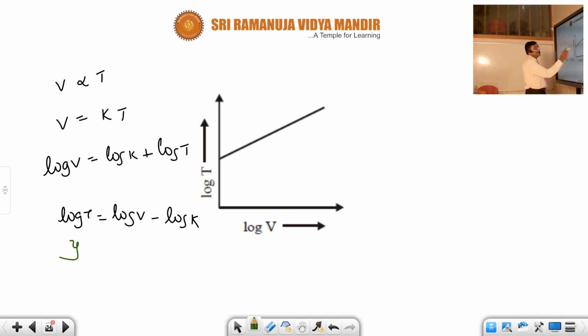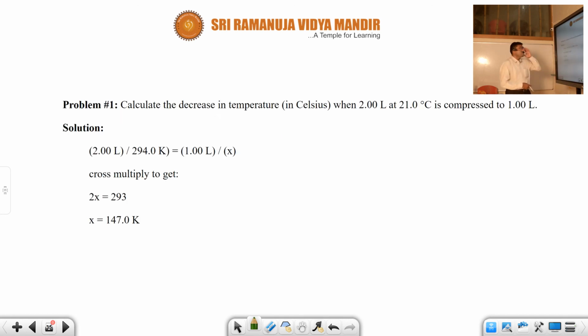This is y, the y axis, log T. This is mx plus C, the intercept. So the intercept is log K. I hope you understood. So this is how you can get the graph of log T versus log V. You can see here you are getting a negative intercept. Now, this is all about the graphs associated with isobaric conditions.